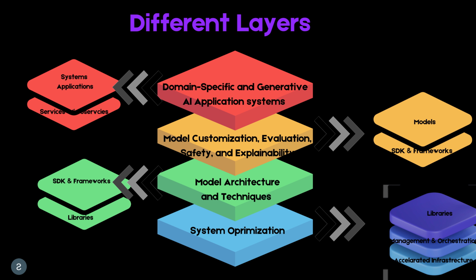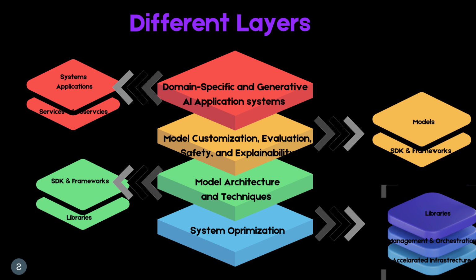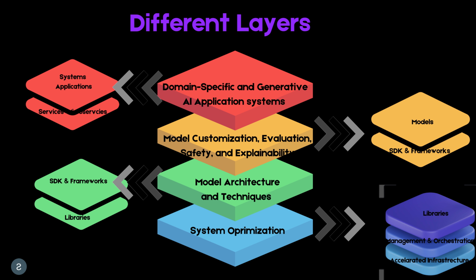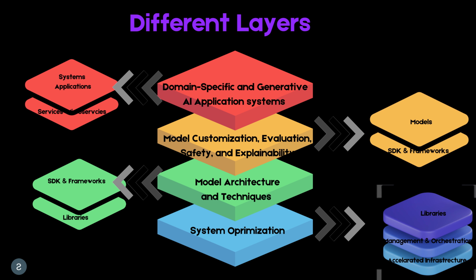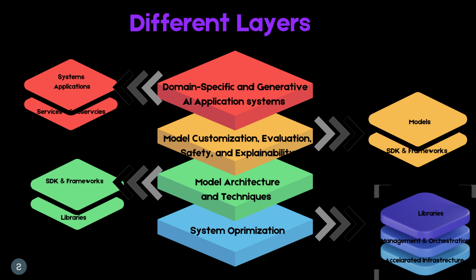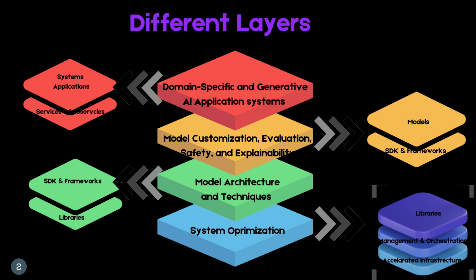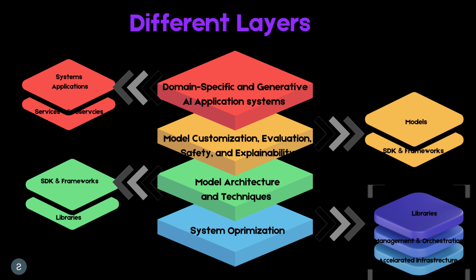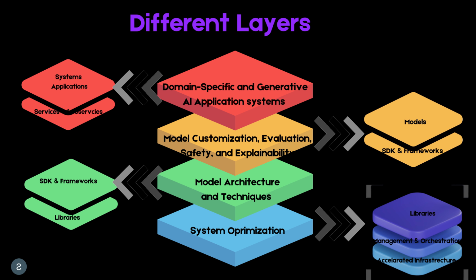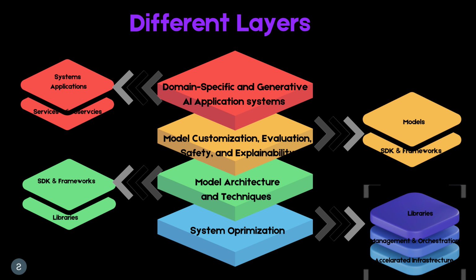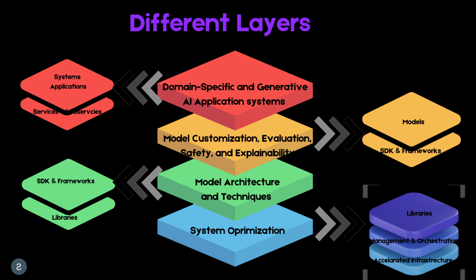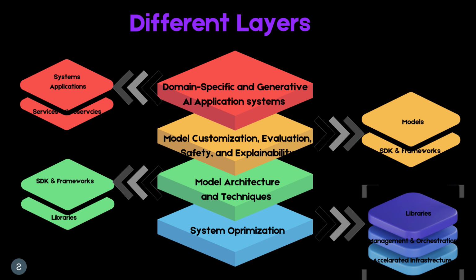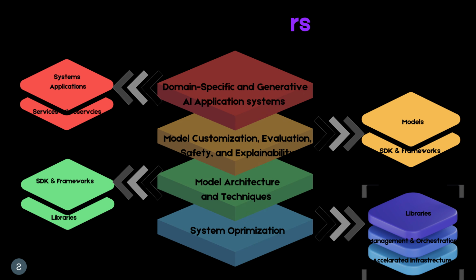The next one is model architecture and techniques, which has two sublayers: SDK, framework, and libraries. The last one, the bottom one, is system optimization, which has libraries, management and orchestration, and also accelerated infrastructure. This is an overall summary view of the main layers and the sublayers.